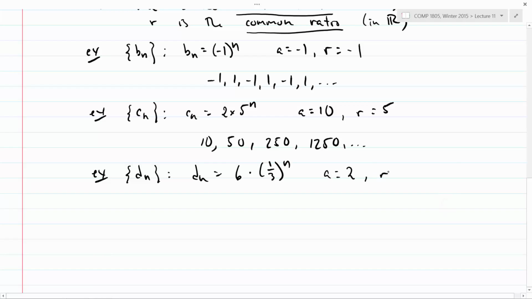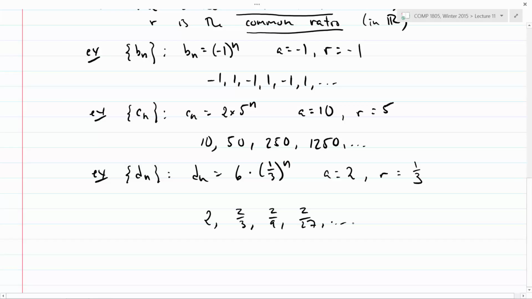And what's r? 1/3, exactly. It's the same pattern as before. So what does this sequence look like? Well, the initial term is 2, and to get to the next thing, I multiply by 1/3. So the next thing is 2/3, then 2/9, then 2/27, and so on.